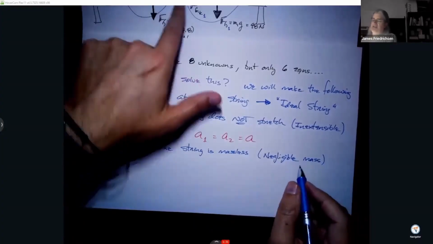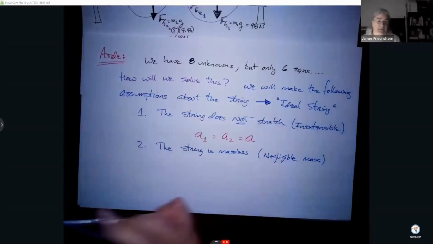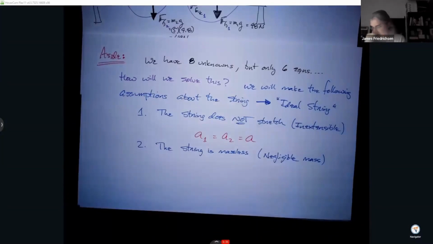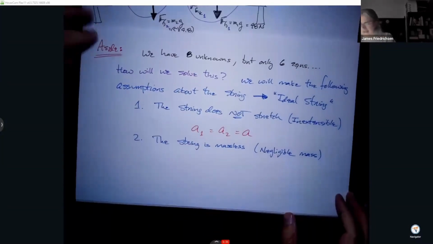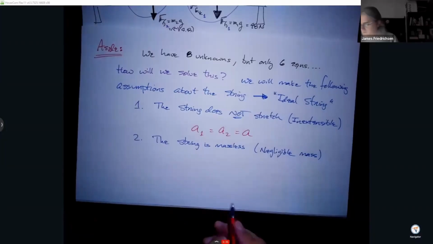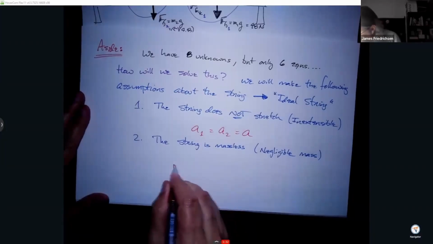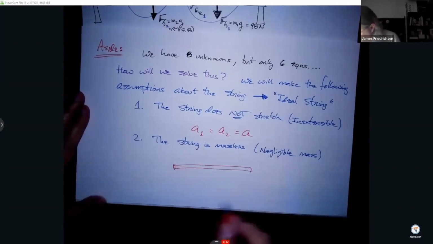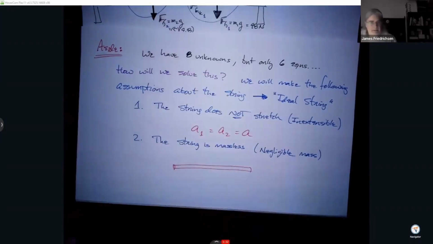The mass of the string is negligible compared to the mass of the boxes. Okay, and you're like, okay, so what does that do for us? Well, if I draw in my little string, there's the string in between the boxes.